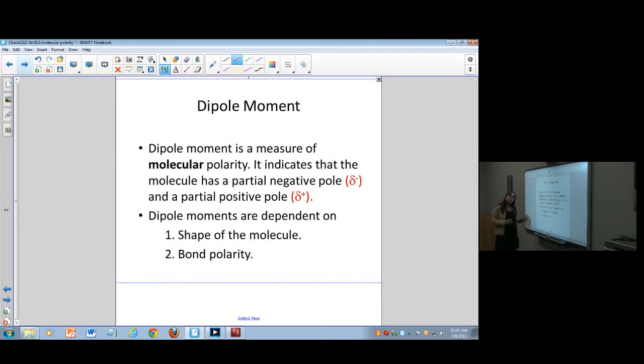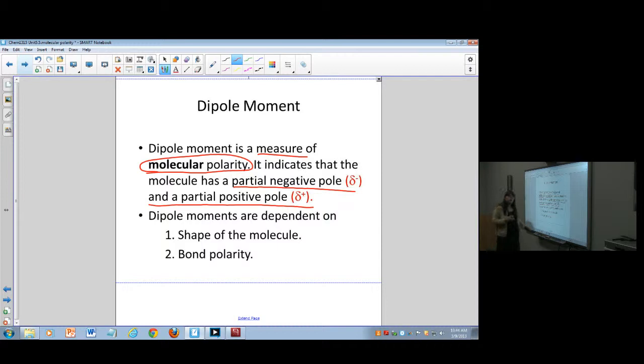So a dipole moment, that's a measurement of the molecular polarity, the kind of charge that the molecule has. And it indicates, if there is polarity, some kind of partially negative pole and a partially positive pole.